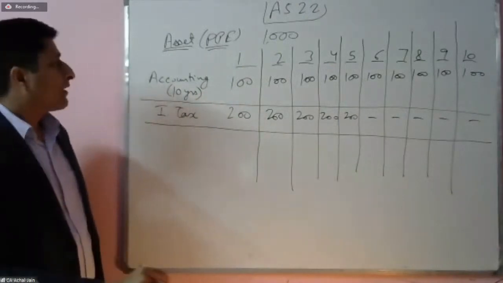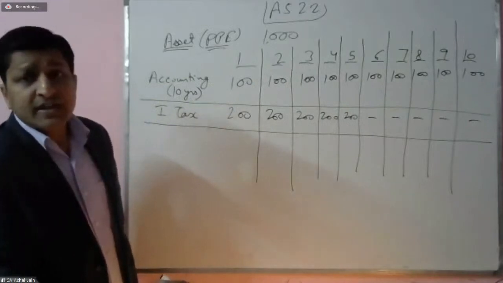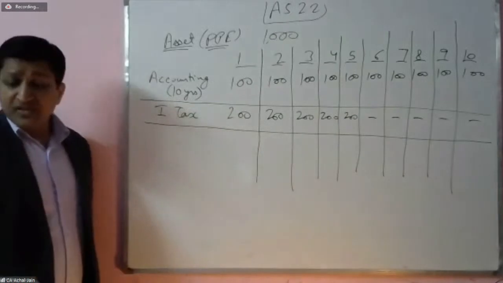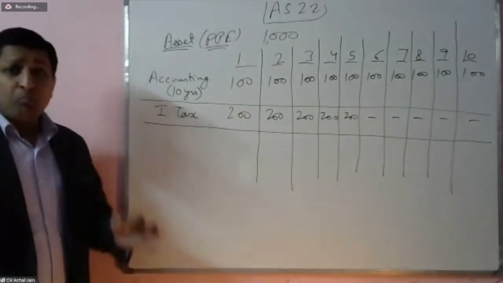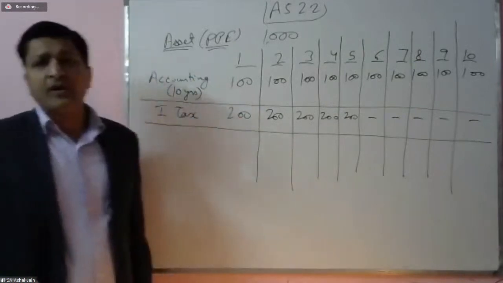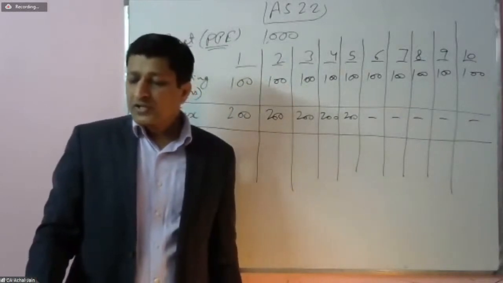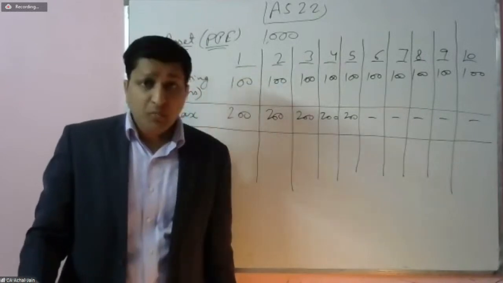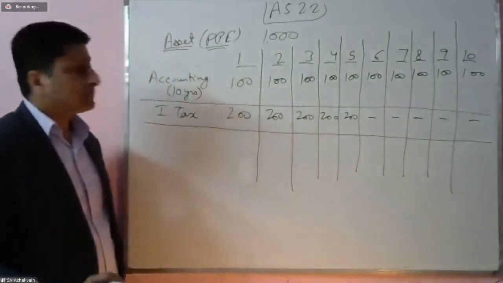Okay. So now let's try to understand the impact of this. In the first year, if you'll see, books have shown a depreciation of 100. In the books, we have charged depreciation of rupees 100.